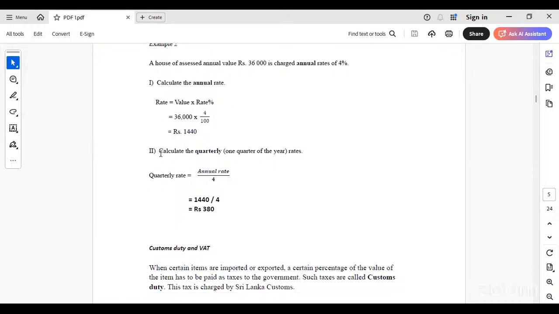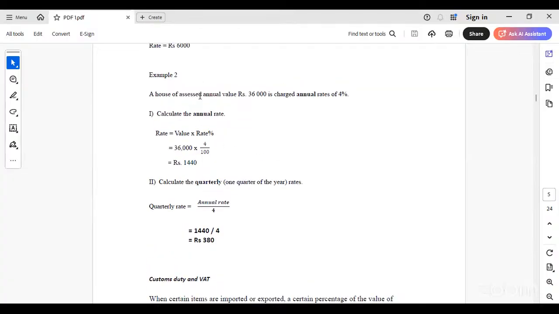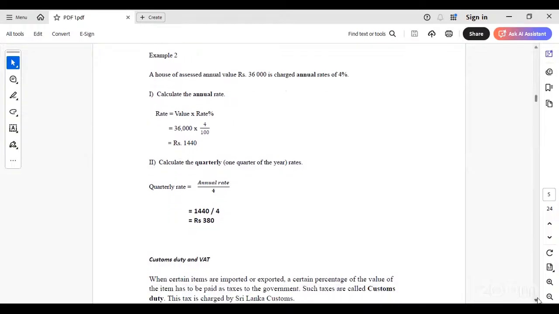For the second part, they ask to calculate the quarterly rates. So what do you mean by quarter? Quarter means 1/4, right? Now this rate is charged for a year, 4%. In the example, the 4% is the annual rate, right? So if they ask for the quarterly rate, it means 1/4 of this.